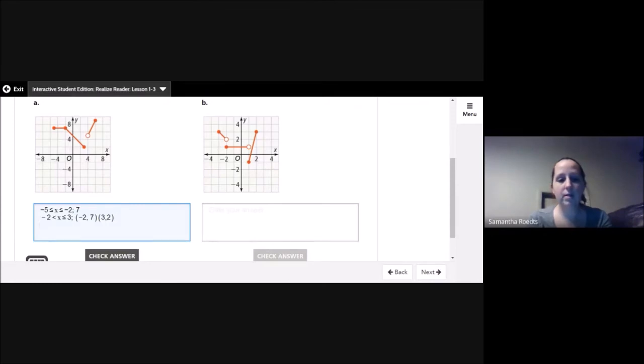Those are my 2 points. So to find the slope, 2 minus 7 divided by 3 minus -2 equals -5 over 5, which equals -1. So that's my slope.